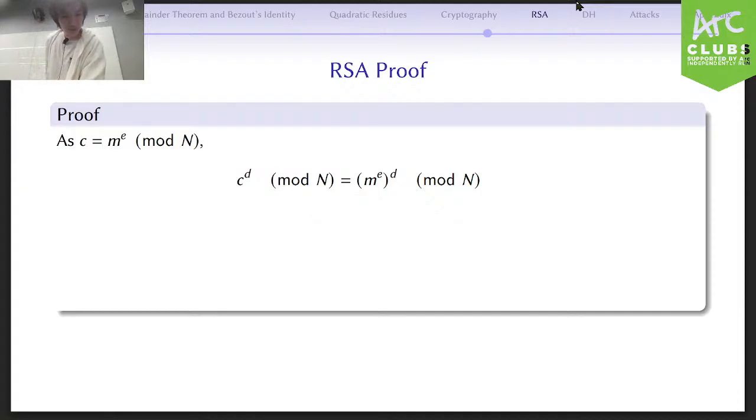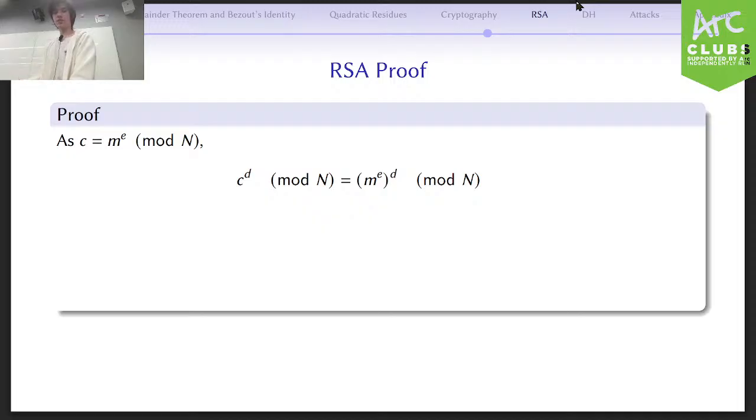So proof. What is this actually saying? We've encrypted by saying C equals M to the power of E mod N, and we decrypt by raising C to the power of D. And we're going to see why this works.